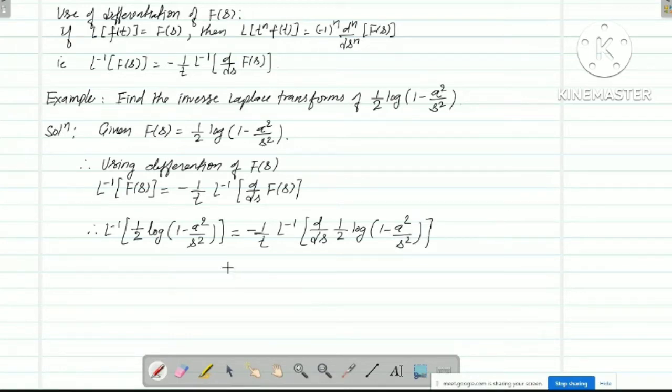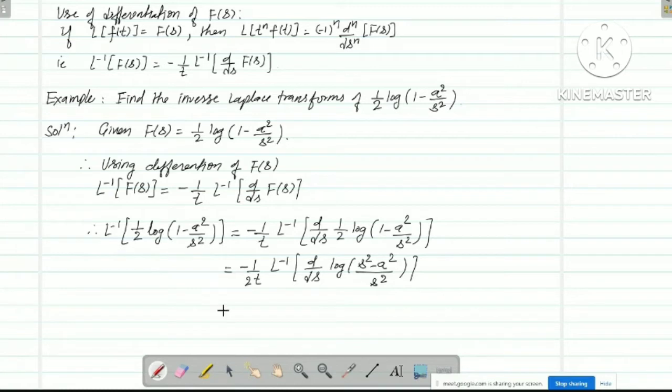Okay, so just simplify, then take the derivative. So 1 by 2 is constant, I'm taking it outside, this is 1 by 2t. L inverse of d by ds of log of, just cross multiply, s square minus a square by s square.